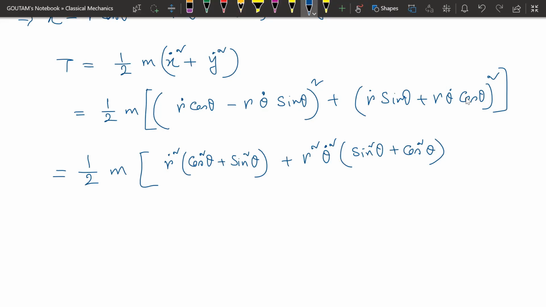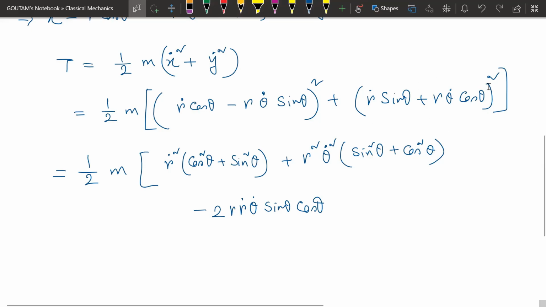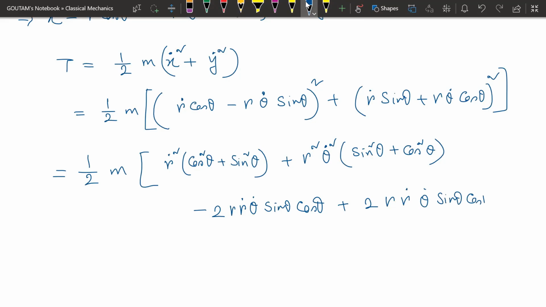Then there are two terms which cancel each other: one coming from the first square, 2r r dot theta dot sine theta cos theta, and another from the second square, plus 2r r dot theta dot sine theta cos theta.